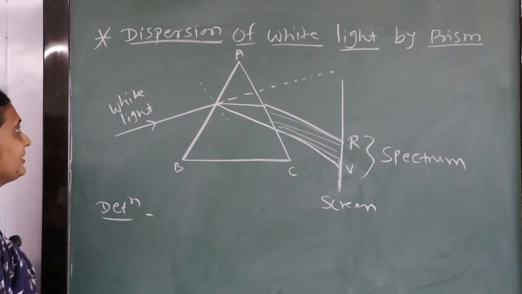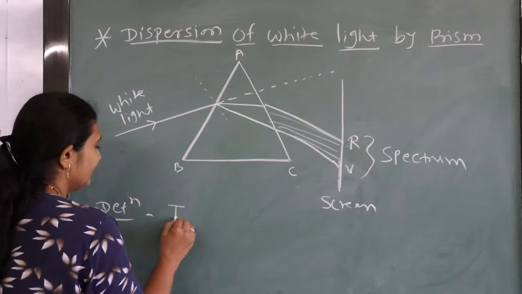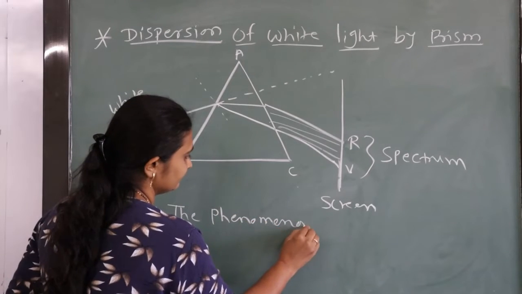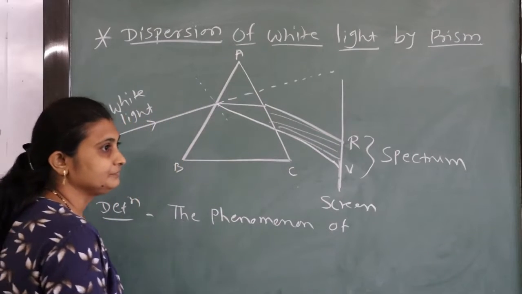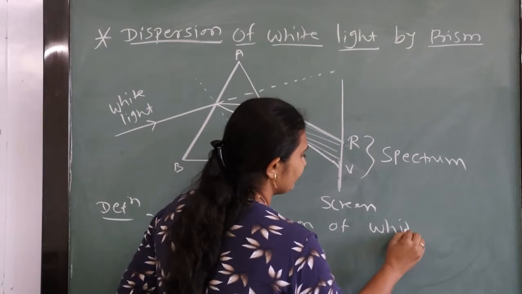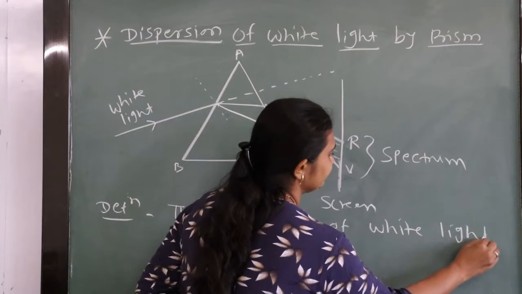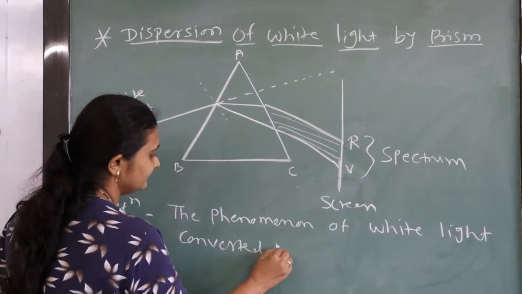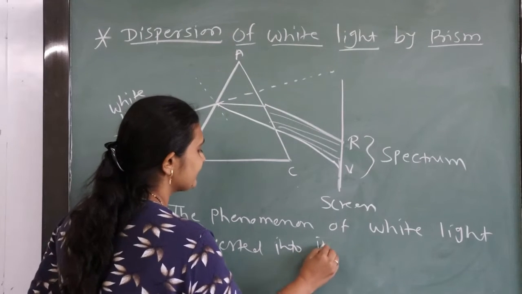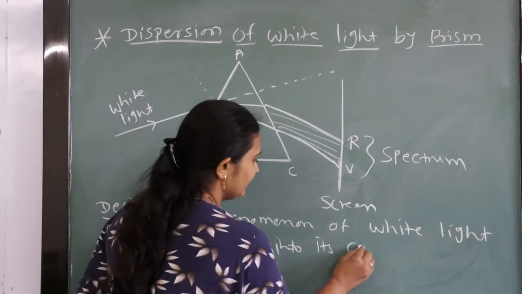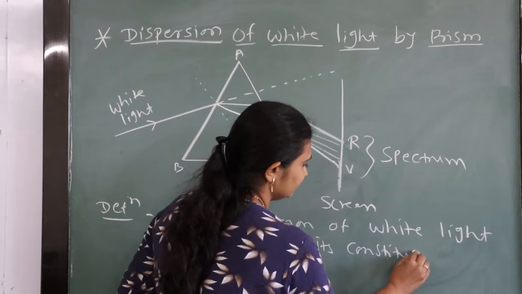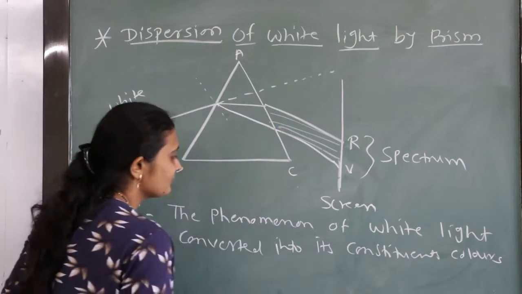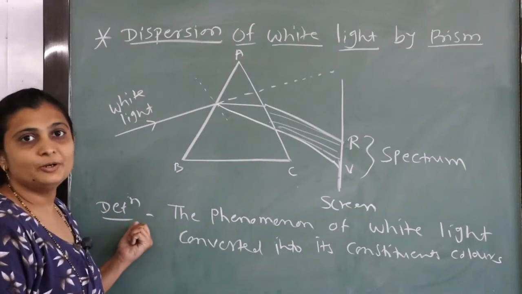The phenomenon of white light converted into its constituent colors is called dispersion of light.